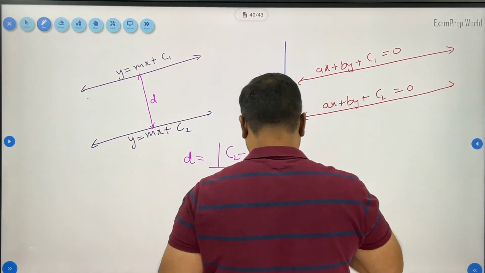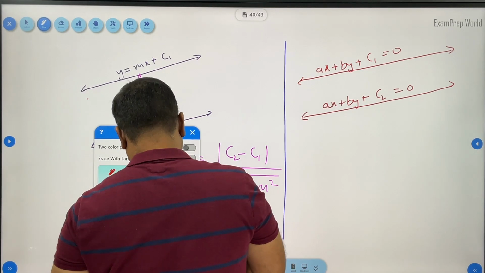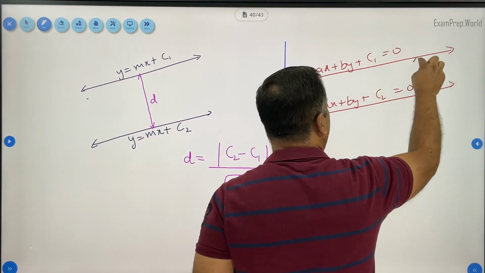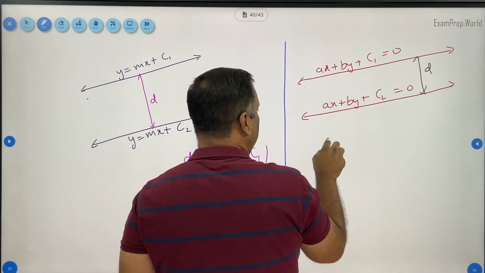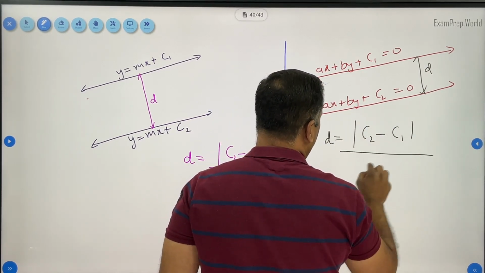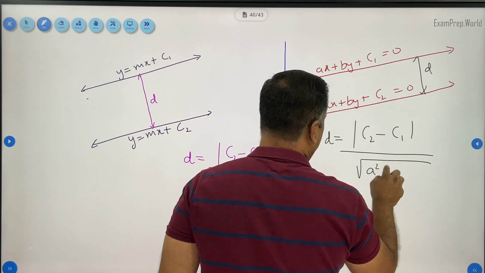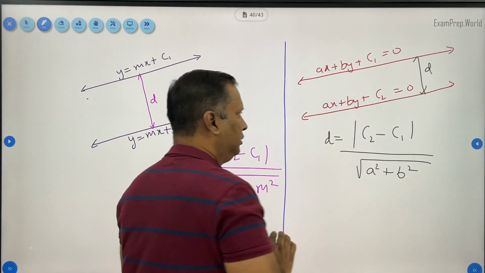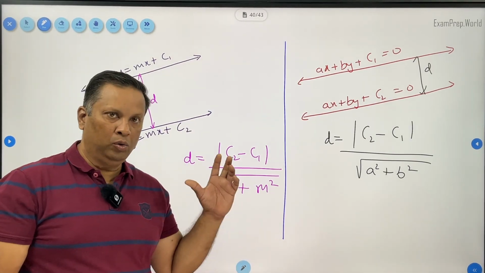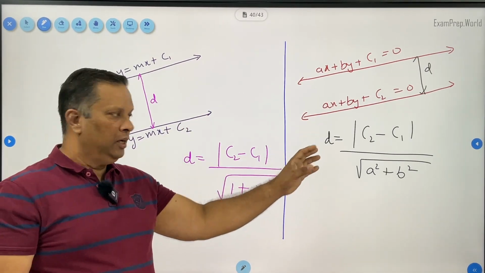Now we have to find distance between them. So let's write distance. This is the distance between them. The formula for distance here will be same, c2 minus c1 divided by root of a square plus b square.